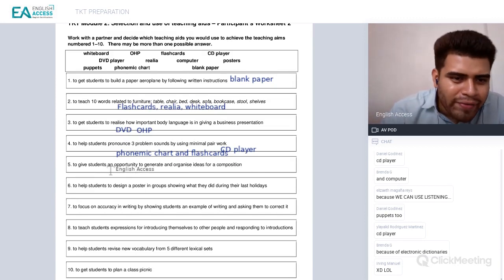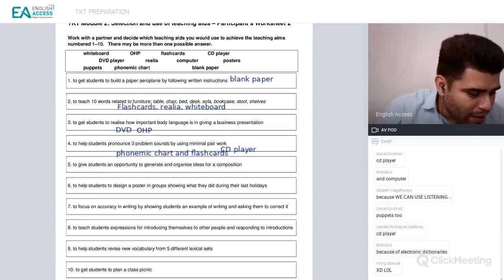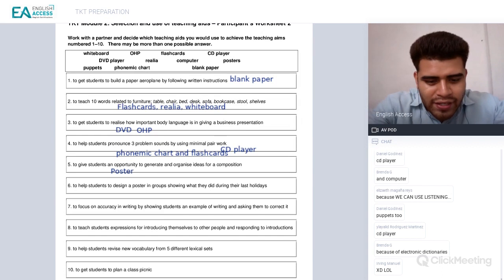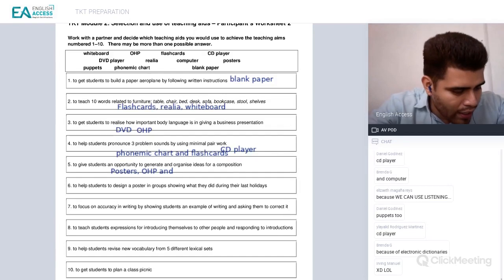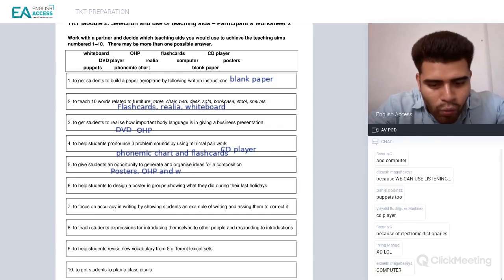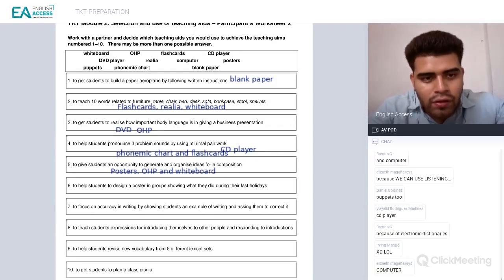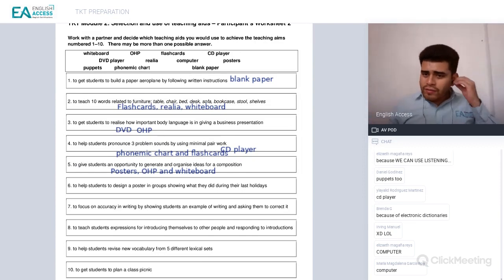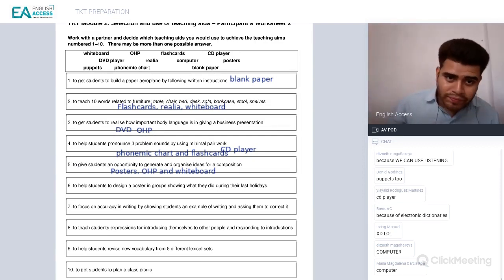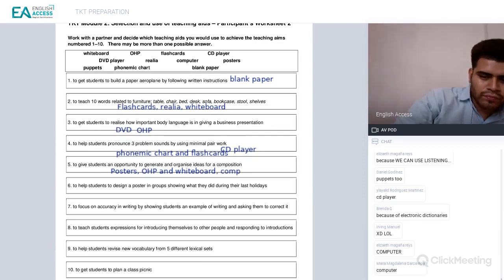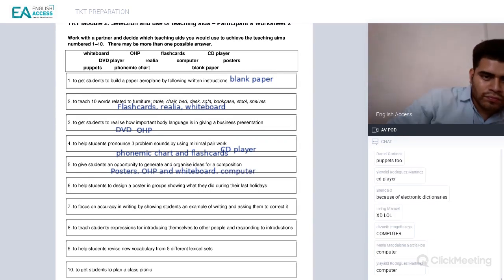Now, number 5, for me, it says posters, OHP, and a whiteboard. Anything else? A computer. Nice, nice.